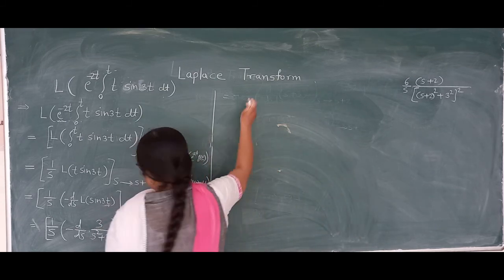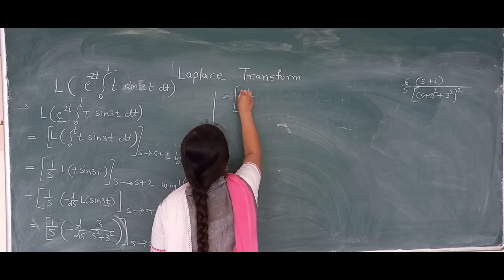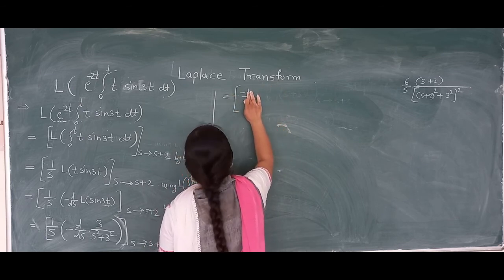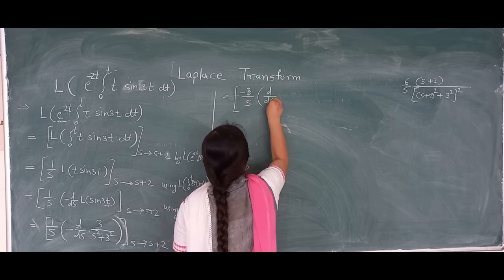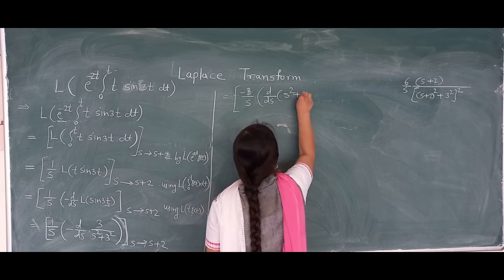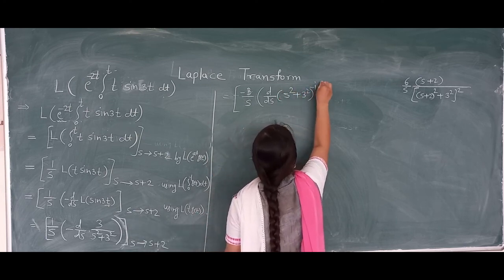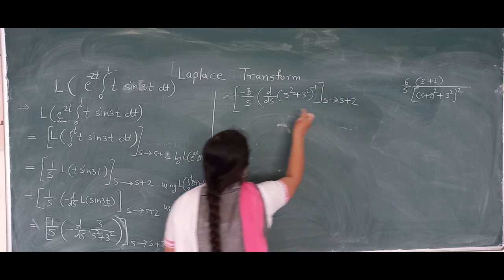Now it is 1 by s, minus 3 taken outside, d/ds of (s square plus 3 square) raised to minus 1. S will be shifted by s plus 2.